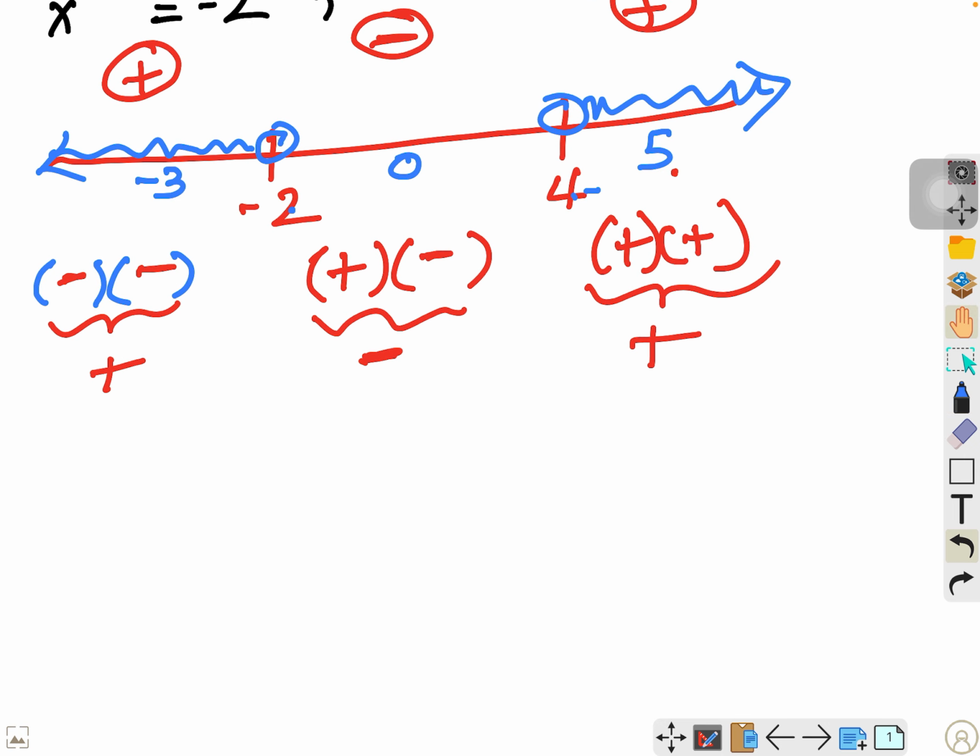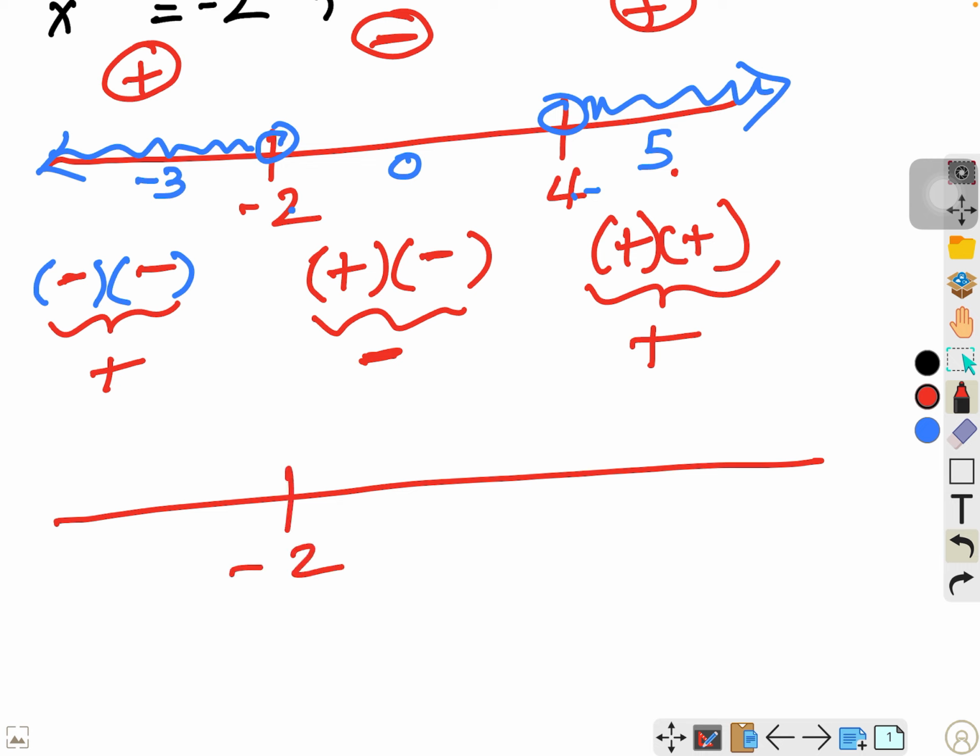So now, when we graph using the interval endpoints, this is how it looks. Not including 4 and numbers larger. Not including negative 2 and numbers smaller.